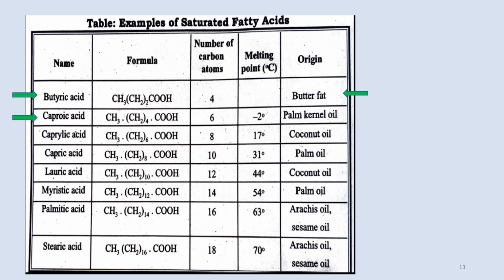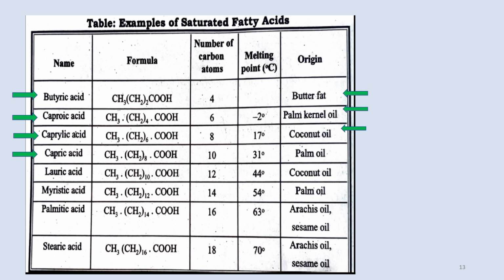Caproic acid has 6 carbon atoms in a long chain, and the melting point is minus 2 degrees centigrade. Palm kernel oil is the origin. Caprylic acid has 8 carbon atoms in a long chain. The formula is very important. The melting point is 17 degrees centigrade, and its origin is coconut oil.